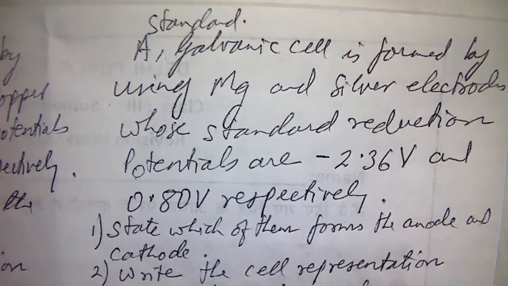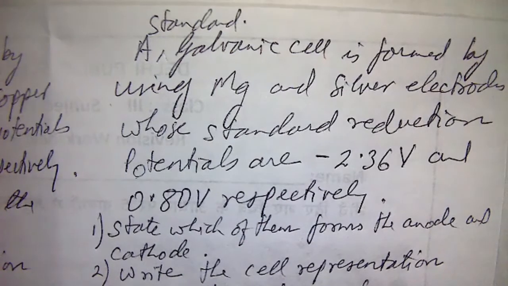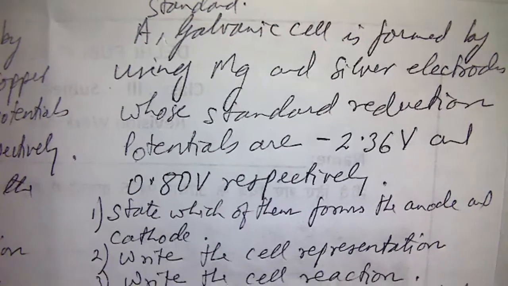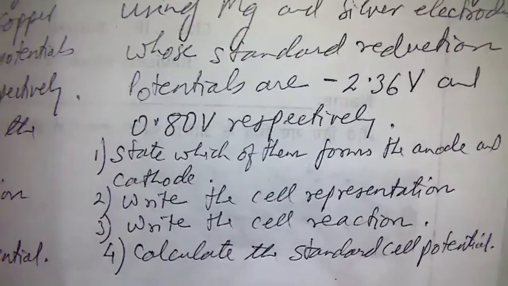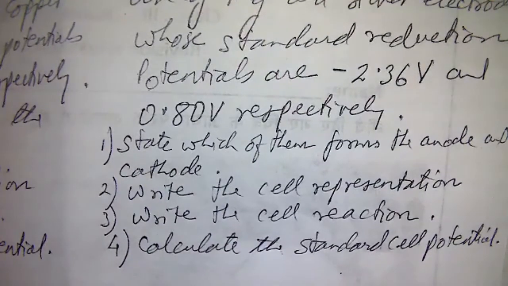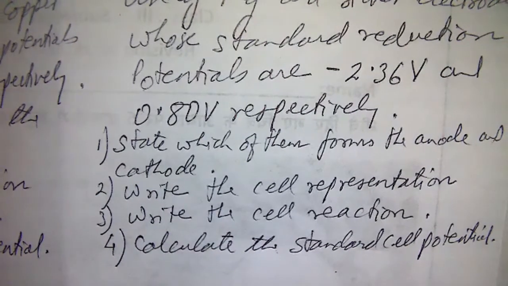That means magnesium and silver both are standard. In standard conditions, their potentials are given. Clear? So you have to say which of them forms the anode, which forms the cathode. So hurry up, quickly do it and show it to me.